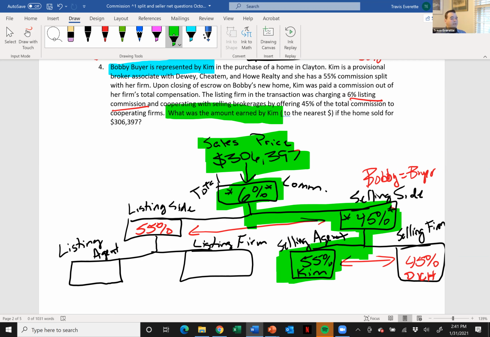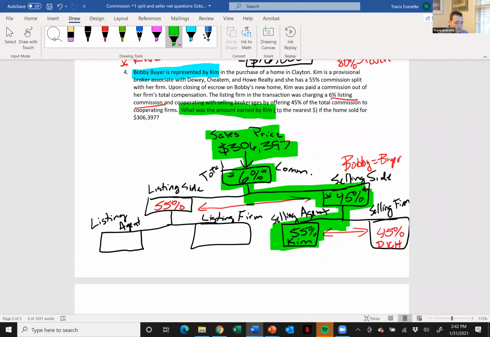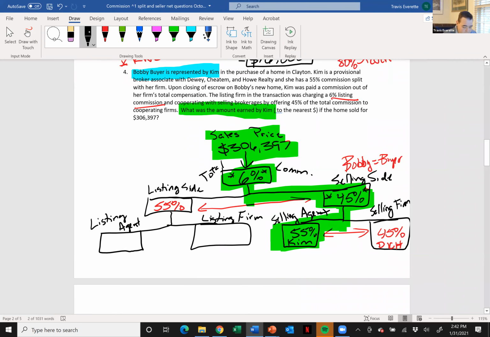And remember, every time we go down a level, we multiply. We're going to multiply our way from the top to the bottom. So here's what our math's going to look like on this one. It's going to look like 306,397 times 6% times 45% times 55%.